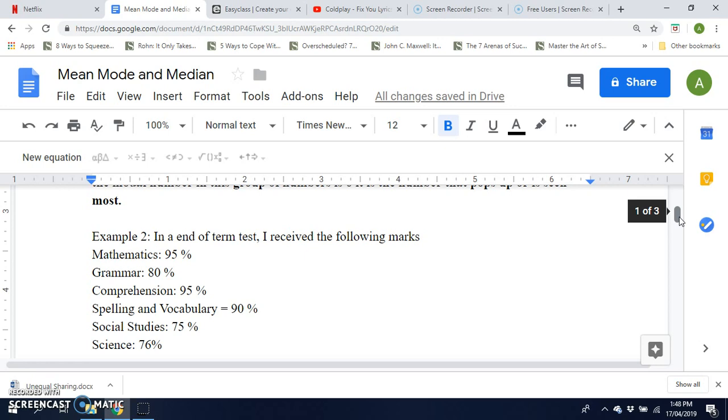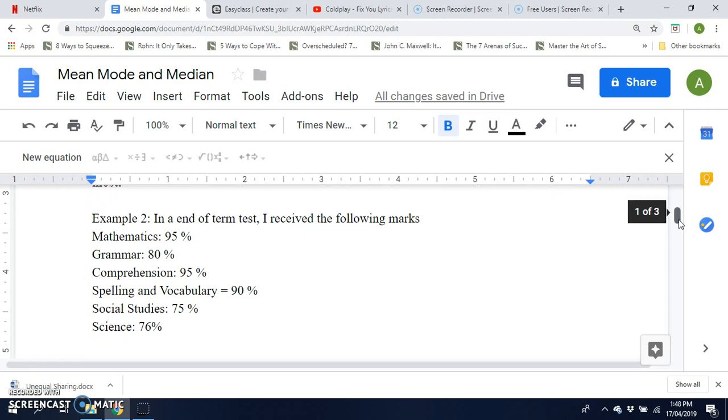Therefore, football will be the thing that you spend a lot more time on. It will be the thing that probably needs the most amount of money because most amount of children play that particular sport, and that's basically what mode is all about.